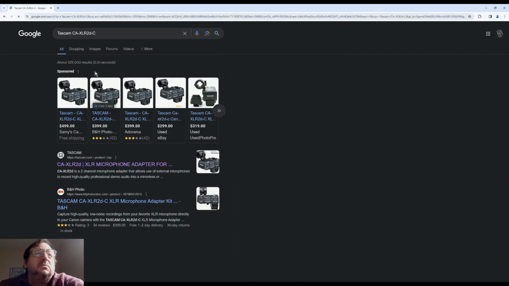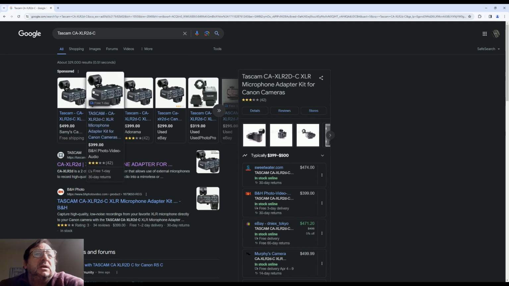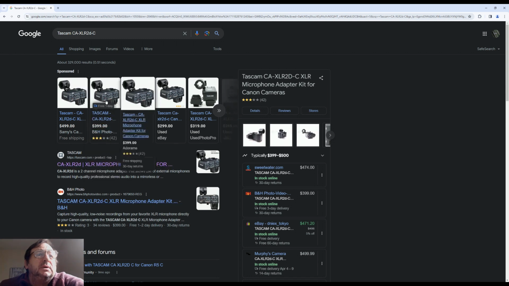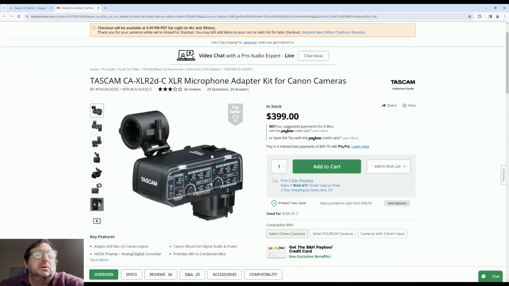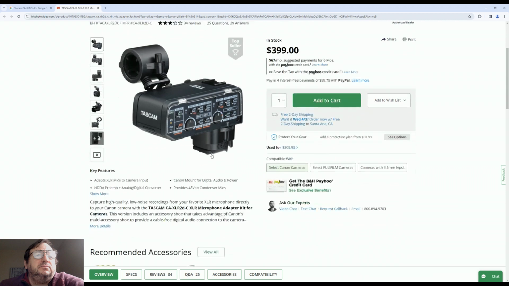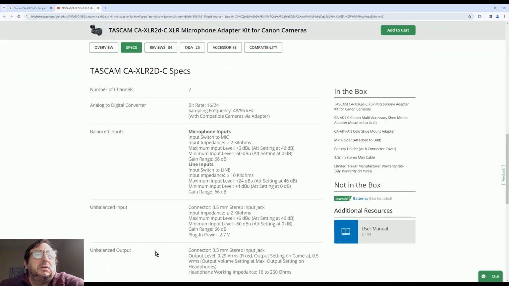What is Tascam? Oh, I know what it is. So this one basically, you can connect two XLR into that, but this is 24-bit, this is not 32. I don't think it's 32.